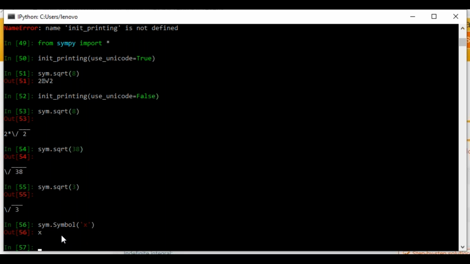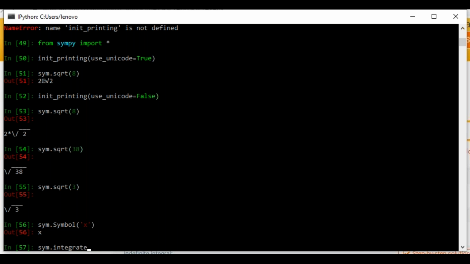Sim dot Symbol x, then sim dot integrate.